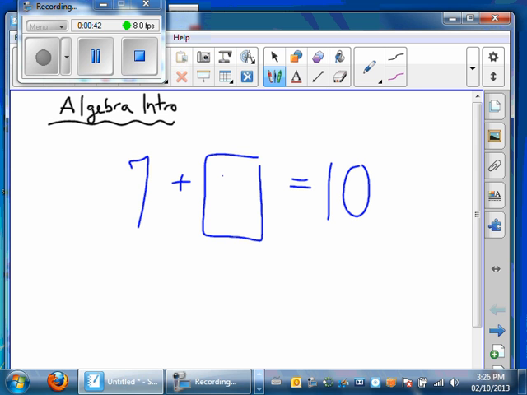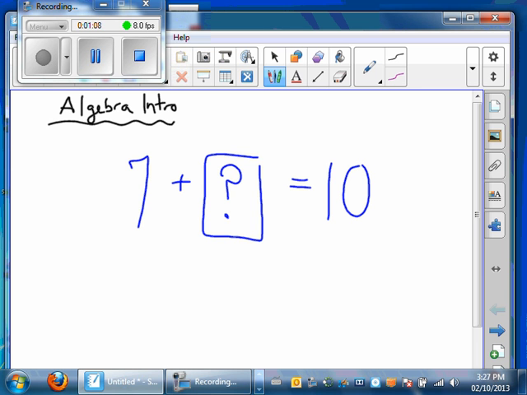So the reality of it is we actually have an algebraic equation here, because all an algebraic equation is, is whenever we're trying to solve for an unknown number. Traditionally, we have equations where we add things up and we want to figure out what they're equal to. In an algebraic equation, you already know what it's equal to, but what we're trying to do is find out what the unknown number is.